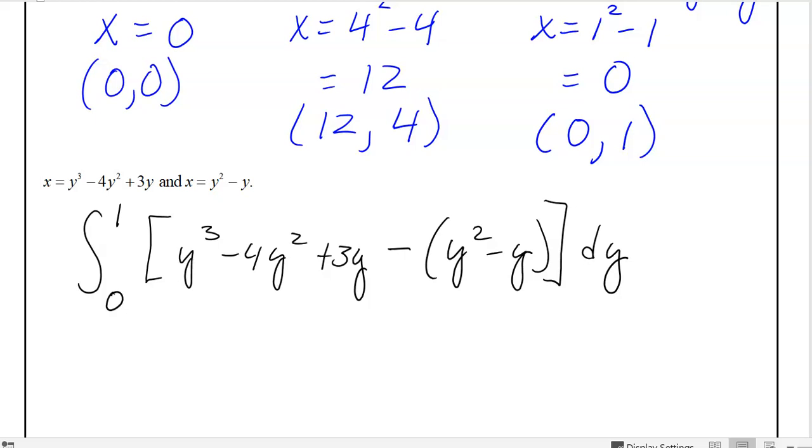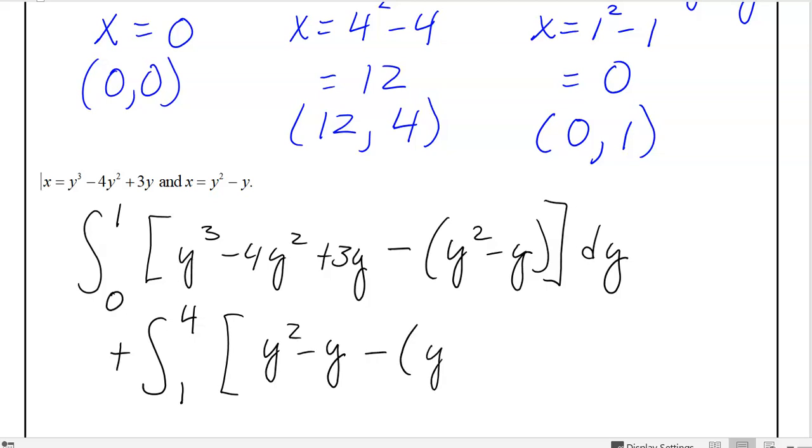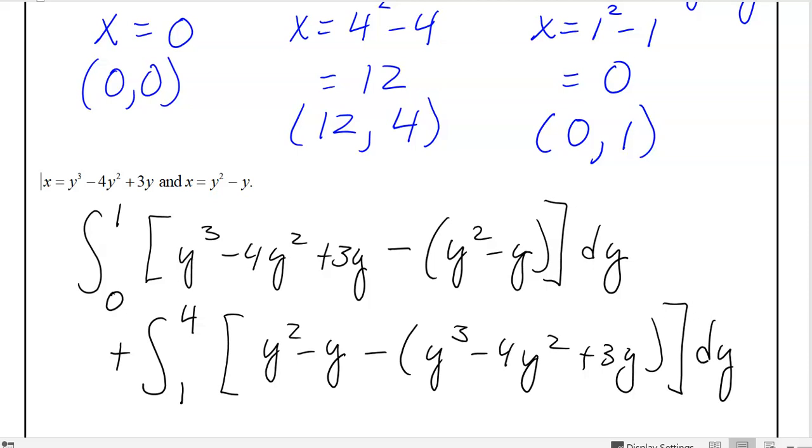The second one should be the second region, which should go between the y value of 1 and the y value of 4. In this one, we said that on the right is the parabola, which is y squared minus y, and on the left is the cubic, y cubed minus 4y squared plus 3y. Both of these are integrated with respect to y.